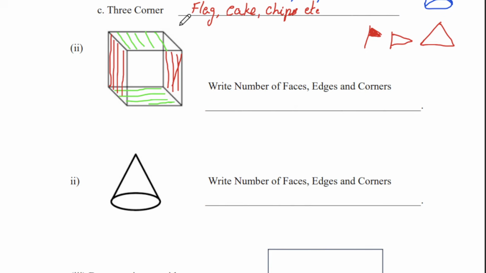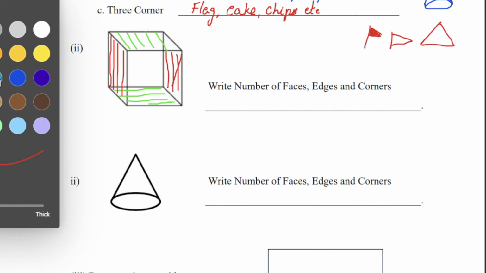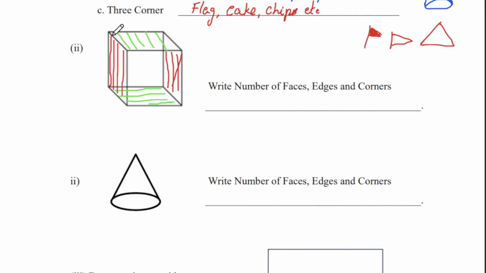And there'll be a backside face. I'll do it in a light color. So this one is the fifth face. And the front face is the sixth face. So how many faces do we have? Six faces.